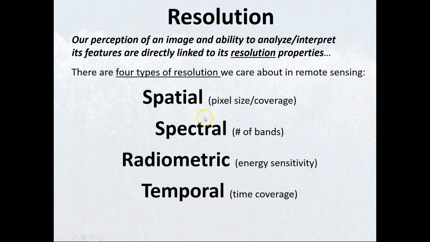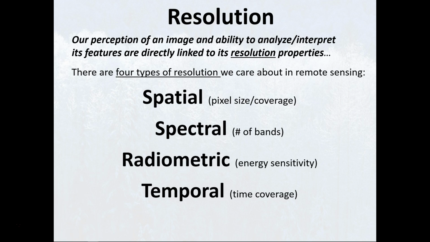Then there's spectral resolution, which refers to the number of bands an image contains that delineate unique portions of the electromagnetic spectrum. Next is radiometric resolution, which refers to the ability of a sensor to detect subtle differences in brightness, or in other words, its sensitivity to the energy reflectance or emissivity of landscape features.